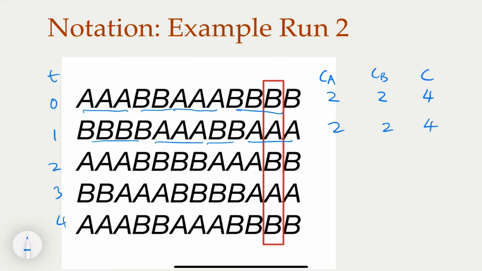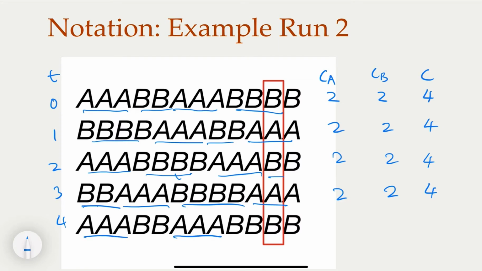And here A is 1, 2, B is 1, 2, 2, 2. Oh, it never changes, no wonder. A is 1, 2, B is 1, 2, 2, 2, 4. Here again, A is 1, 2, 2, 2, 4. This is always a constant.